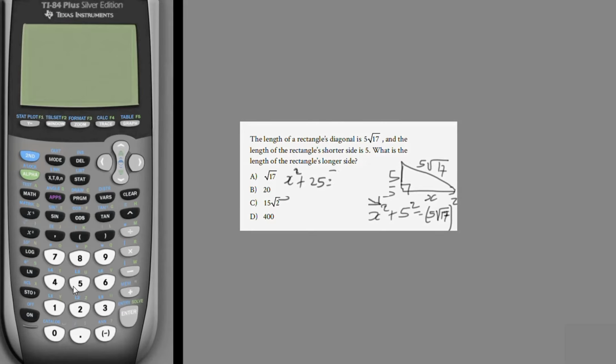So we have 5 root 17. Bring the square root in the calculator for a second, this button. 5 root 17 gives 20.61, but let's do it like this so I don't make a mistake: 5 root 17 times 5 root 17. Press enter. So we have 425.